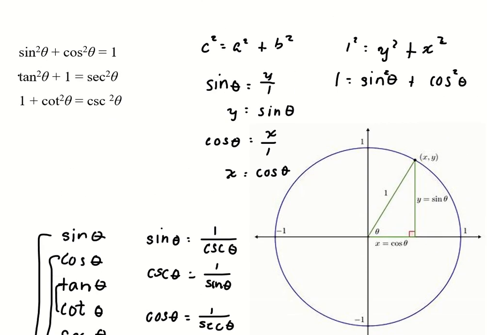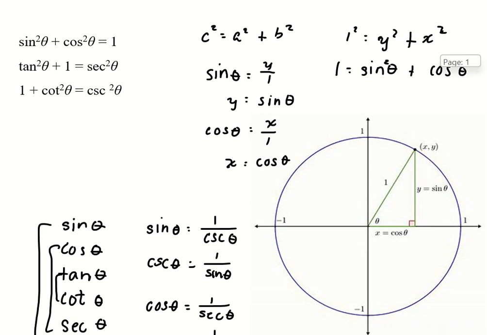We can now derive the others. Let's start with sine squared theta plus cosine squared theta equals 1.